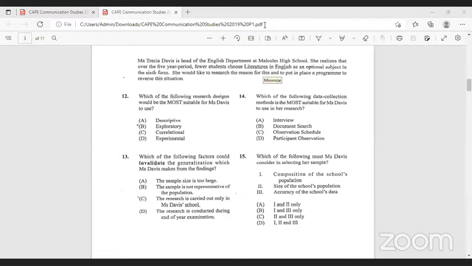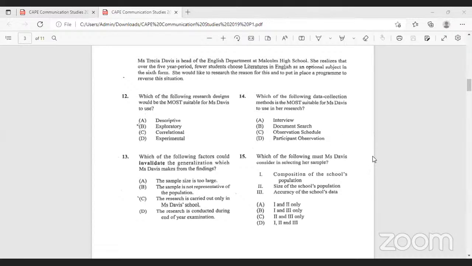No, it's not correlational. 12, the answer is B, exploratory. Right? She's trying to explore. She's trying to find out something that has not been previously studied. Right? So exploratory. 9 and 10. So somebody in the chat: 9 is dog and 10 is cat.